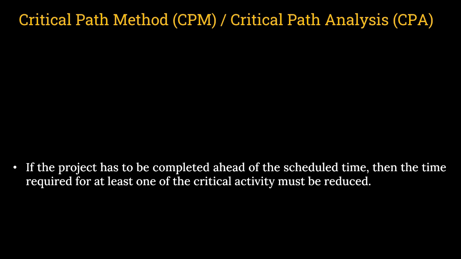If the project has to be completed ahead of the scheduled time, then the time required for at least one of the critical activities must be reduced. That is very obvious.